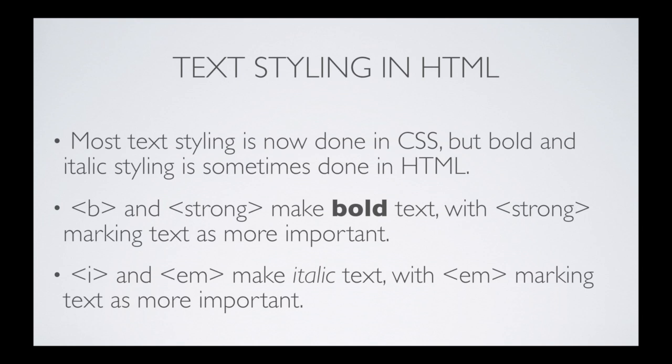Similarly, if you use the I and EM commands to make italic text, the EM command will also mark the text as being more important. However, visually, B and strong look exactly the same, just as I and EM also look exactly the same. Either one is usable. However, most people use strong and EM to mark bold and italic text.